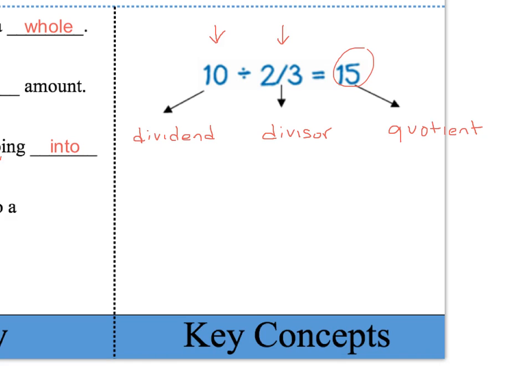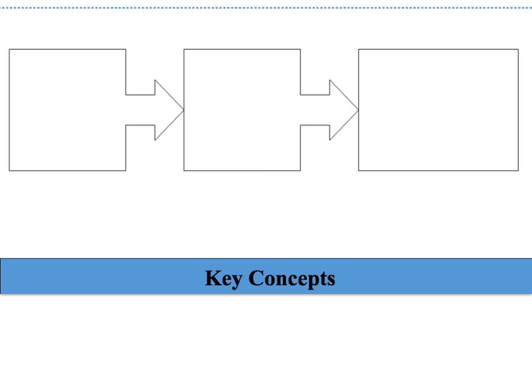So when we want to write a story problem for a given division problem, our first step is to come up with a story and write a story that comes to our mind. Our second thing would be to ask a question about the story that you created.